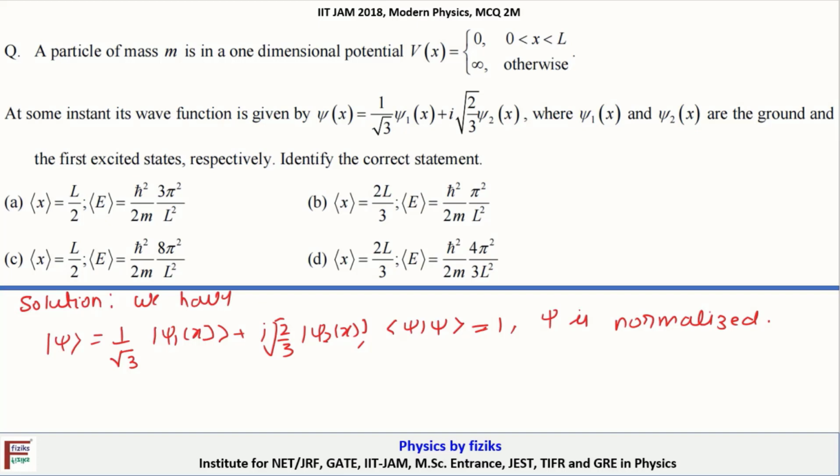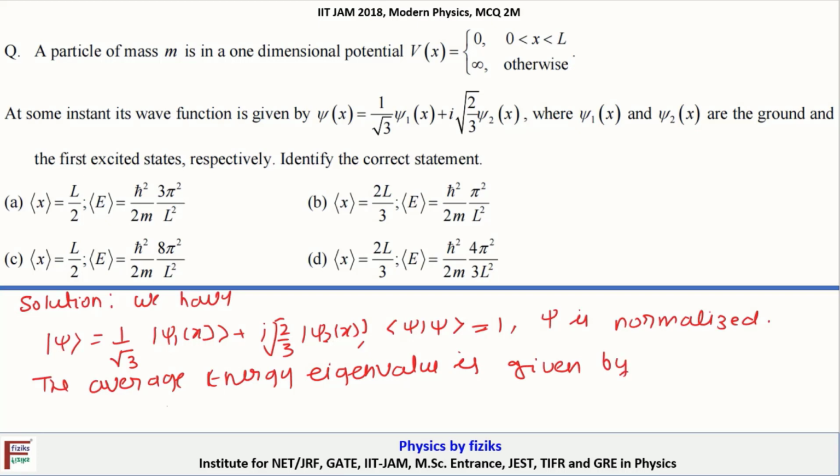Expectation, average energy eigenvalue is given by E is equals to summation Ei Pi. That means 1 by 3 of E1 plus 2 by 3 of E2.